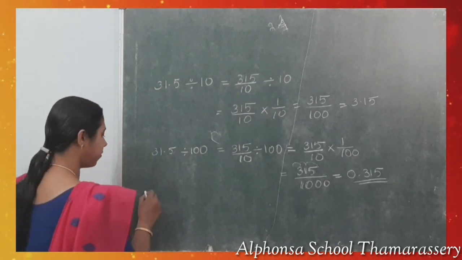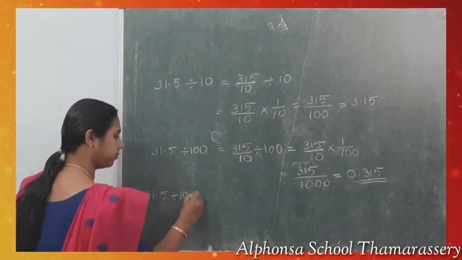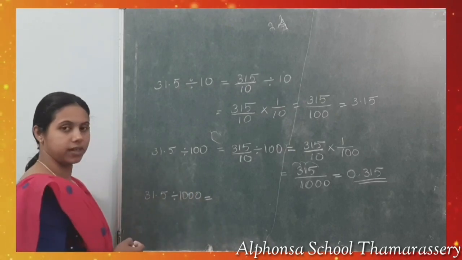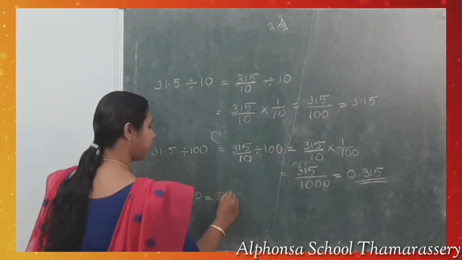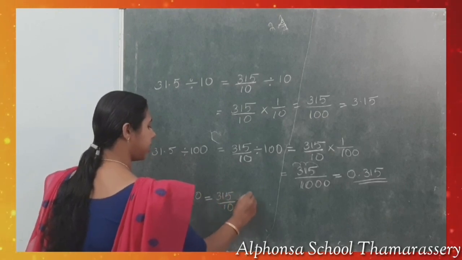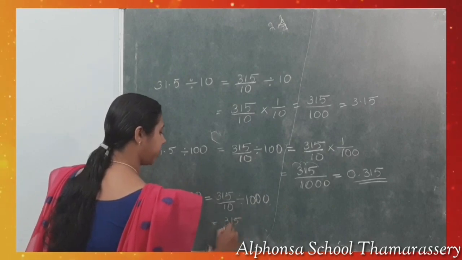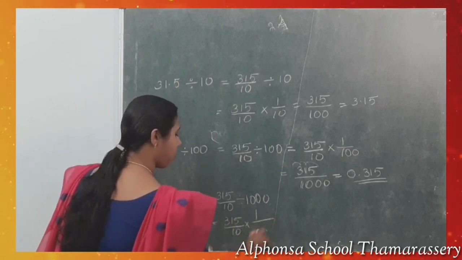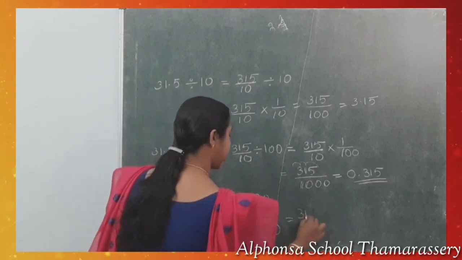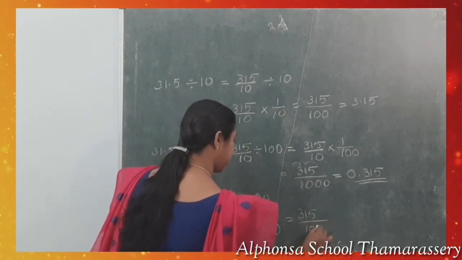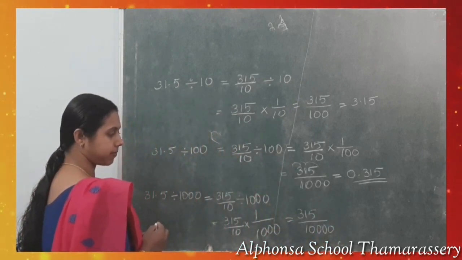Then what will happen if you divide it by 1000? Same method you can follow. It is 315 by 10 divided by 1000, which is equal to 315 by 10 into 1 by 1000, which is equal to 315 divided by 10,000.